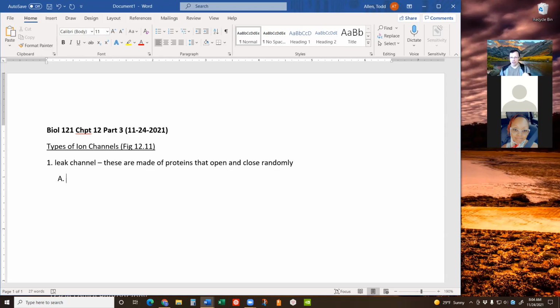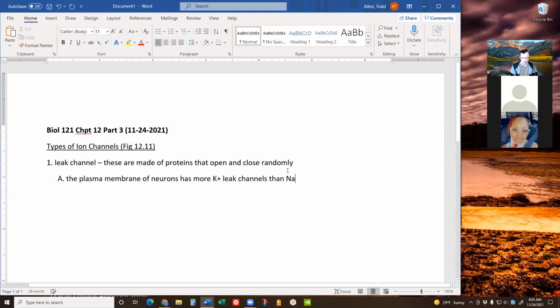Mother Nature has engineered cells of the nervous system to have more potassium ion leak channels on average than sodium ion leak channels. The plasma membrane of neurons has more potassium ion leak channels than sodium ion leak channels.